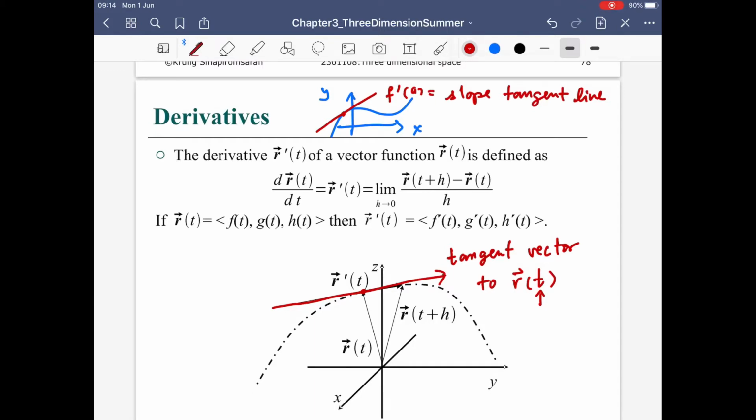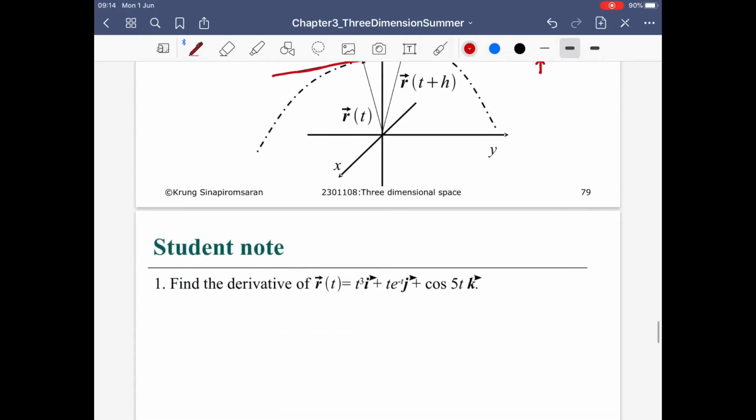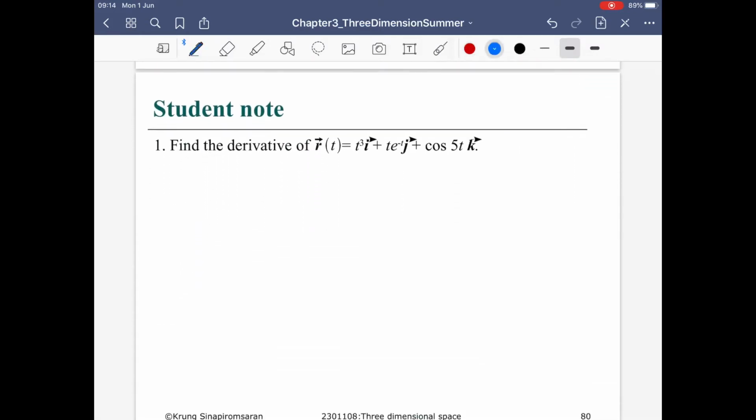Let us go to an example, very easy. Your r is t cubed, and then this one, and then the cosine. One problem in terms of the derivative of the vector function becomes 3 problems from your calculus 1. So the first component, you get 3t squared.